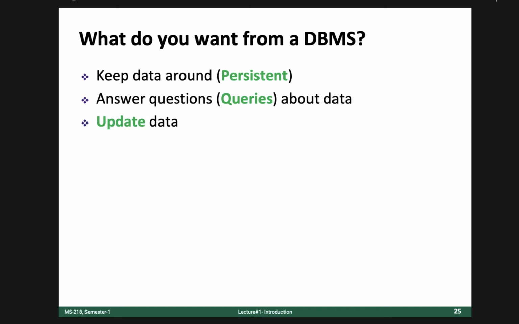And the third one is you can update your data. It's not like you cannot change your password now and forever the password would be the same. So you can say that these are the three important features of a DBMS.